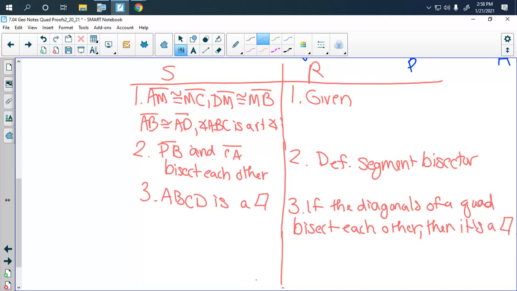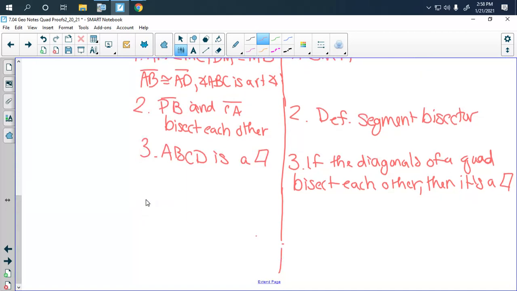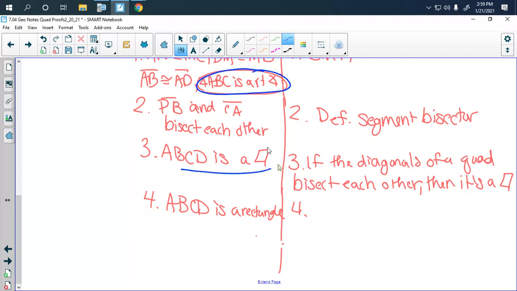Now I have a parallelogram. So again, you have a couple options. I'm going to choose one. I'm going to go with saying that it's a rectangle first. So ABCD is a rectangle. And here we'd say it's a rectangle because if a parallelogram has a right angle, then it's a rectangle. And we have that right angle right here. And we have a parallelogram right here.